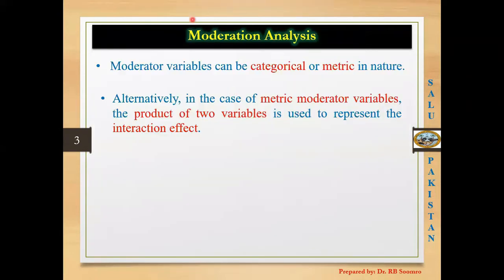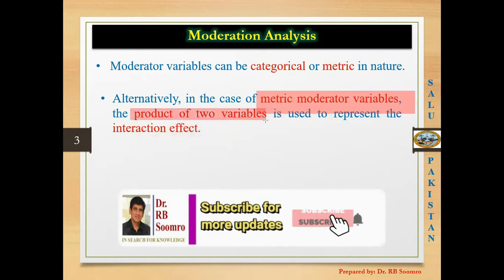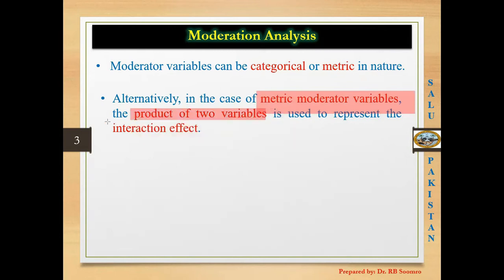So the moderator can be categorical or metric in nature, as I already told you. Now, in the case of a metric moderator variable, the product of the two variables is used to represent the interaction effect. But this happens only in the case of a metric variable.